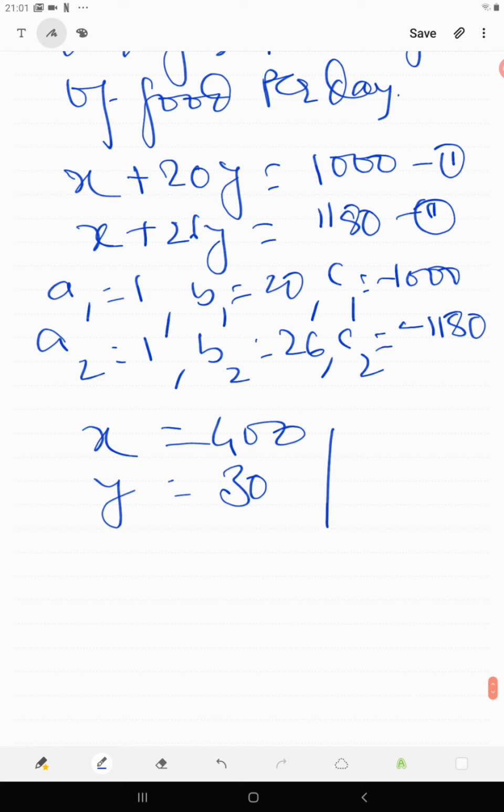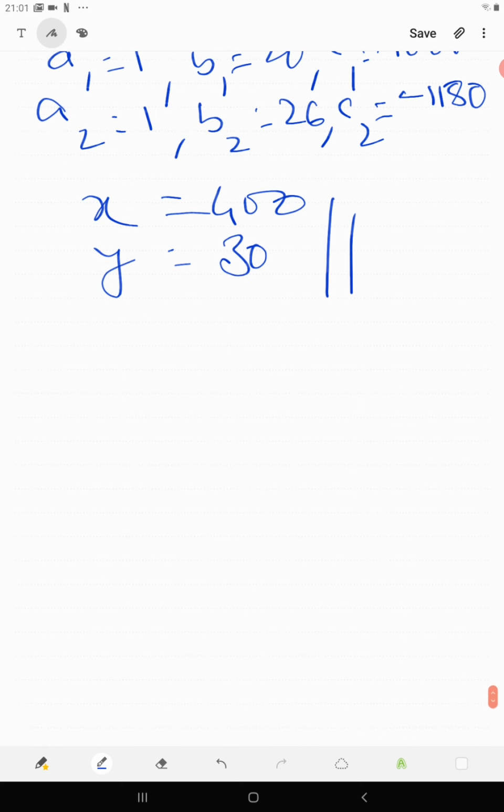You should get this by solving as we have done. I have given you the equations and shown you how to form the equations from the wordings, but solving I request you to do on your own. It's very easy, same formula you need to put, it's not a tough thing.